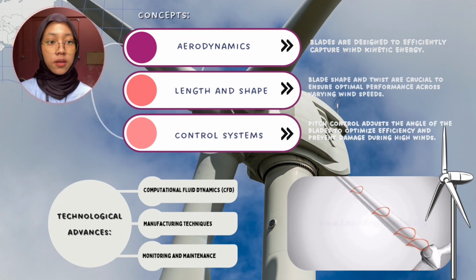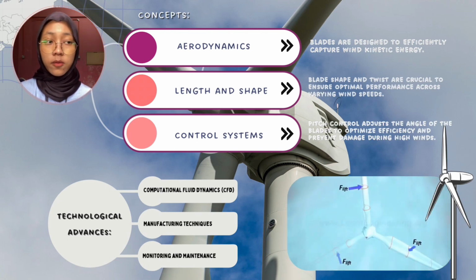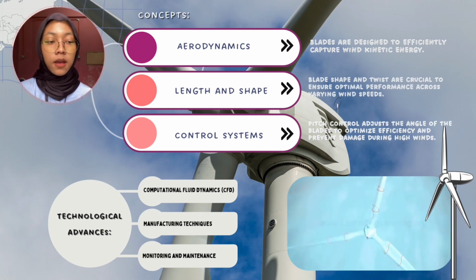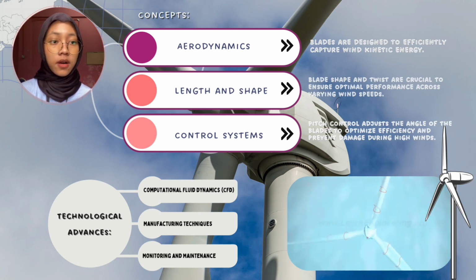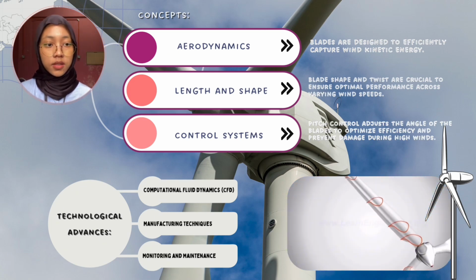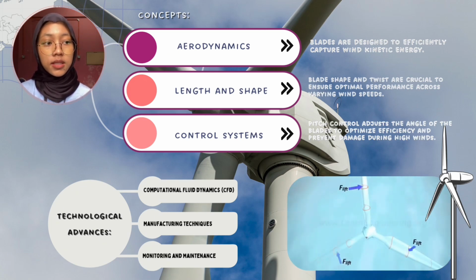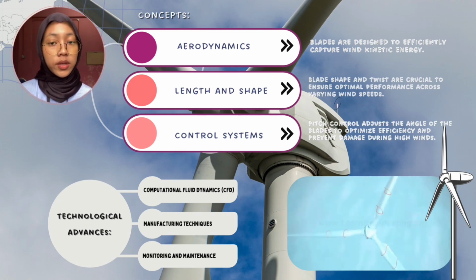As for length and shape, longer blades capture more wind energy, but there's a balance with weight and structural integrity. Blade shape and twist are crucial to ensure optimal performance across varying wind speeds. As for the control systems, pitch control adjusts the angle of the blades to optimize efficiency and prevent damage during high winds.